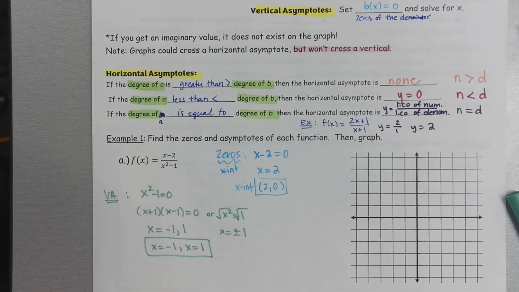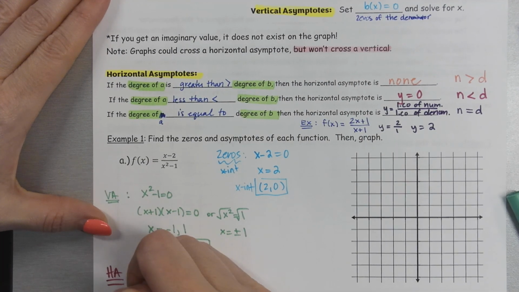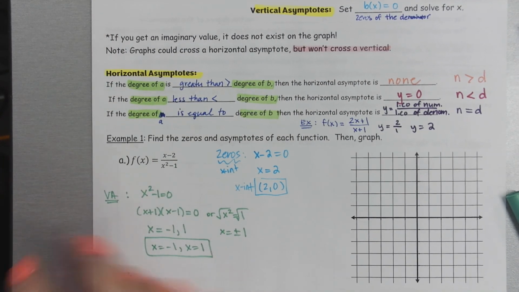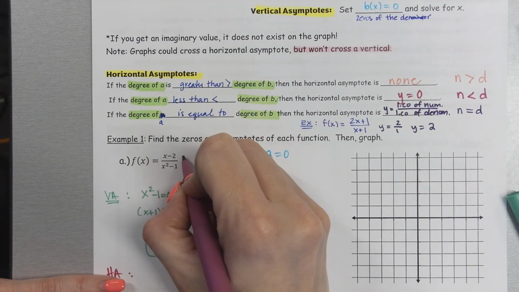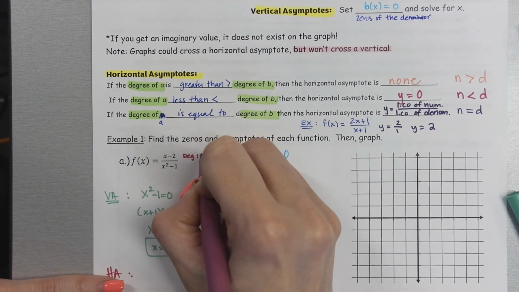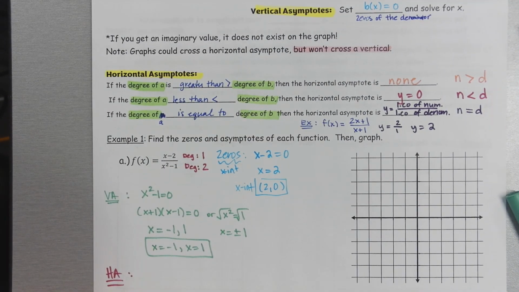And then the last thing I asked you to find was the horizontal. With the horizontal, you have x minus 2, which has a degree of 1. X squared minus 1 has a degree of 2.